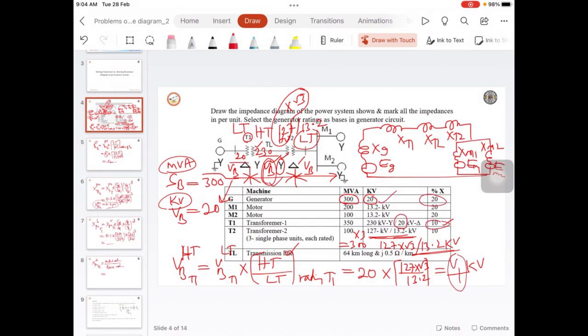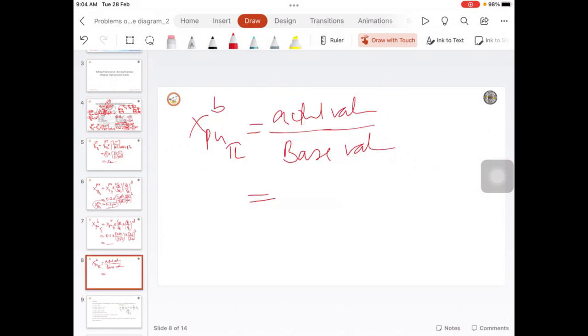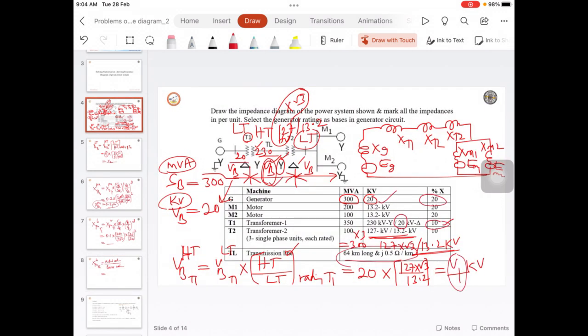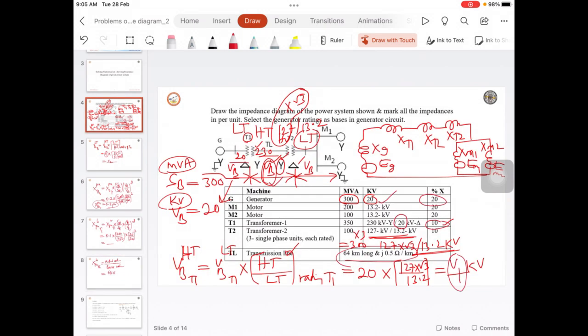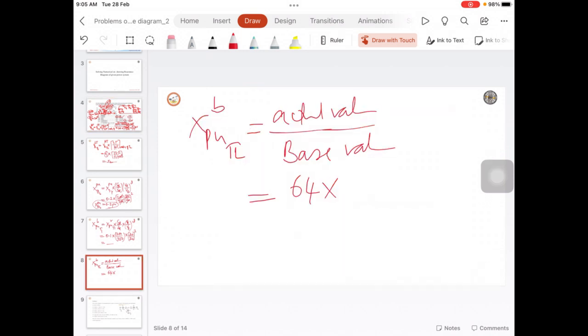See here, the transmission line is 64 kilometers long and has 0.5 ohms per kilometer reactance. How many kilometers? 64 kilometers. So kilometer gets cancelled, and you will get the actual value.